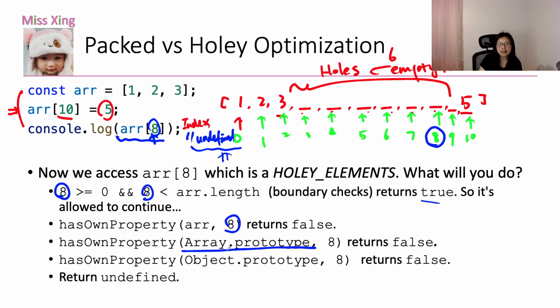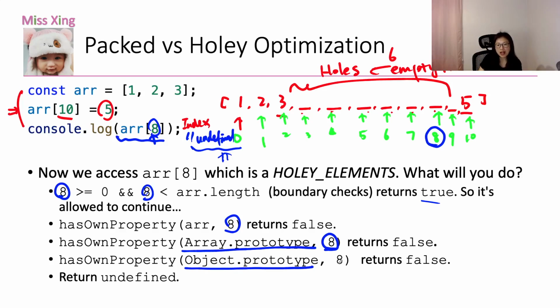Anyway, this is the parent of the array. We have to check: do we have a property named 8? And if it returns false, we have to continue checking till Object. Object is the top level of the inheritance hierarchy tree.